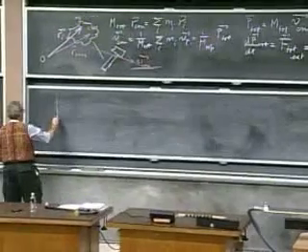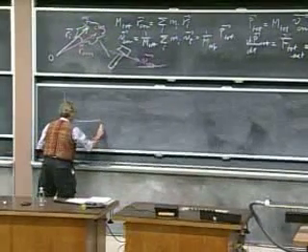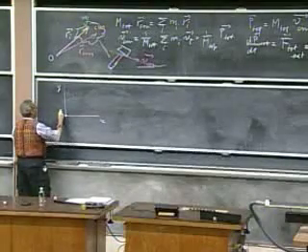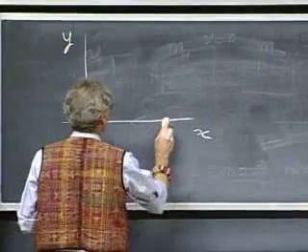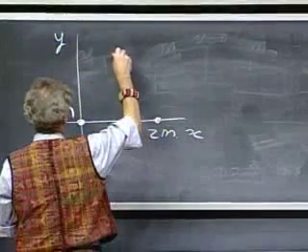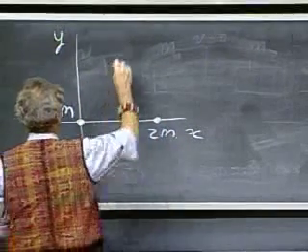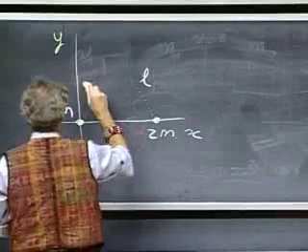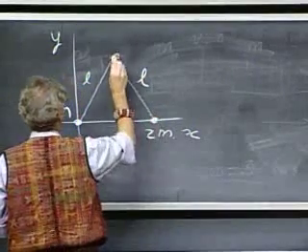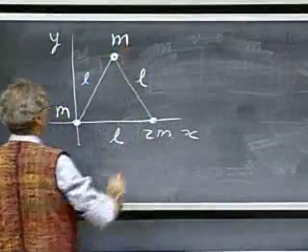Let this be the y-axis, and this the x-axis. And here at 0, I have a mass m. At a distance L, I have here a mass 2m. This is also L, and this is also L, so this is an equilateral triangle. These are massless rods, and here I have a mass m.